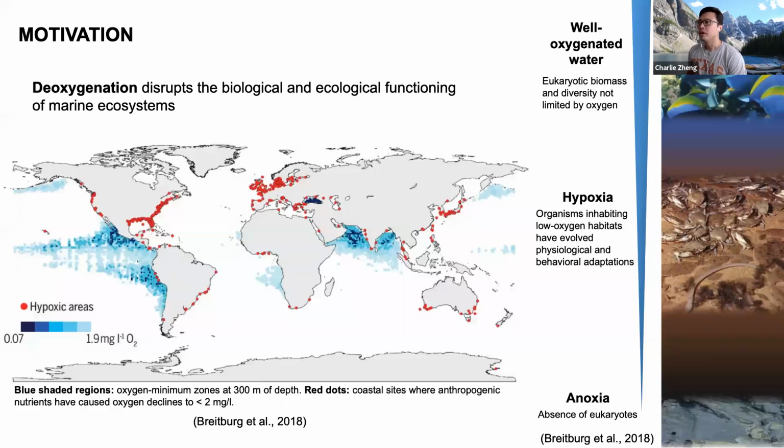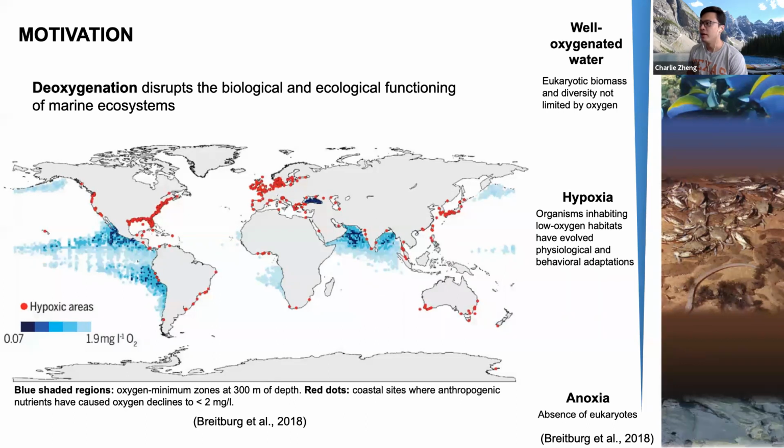First of all, why do we care about benthic oxygenation, or oxygen concentration, in the ocean? We all know the ongoing climate change challenge is really severe, and deoxygenation is already a trend. It's not a hypothesis anymore.